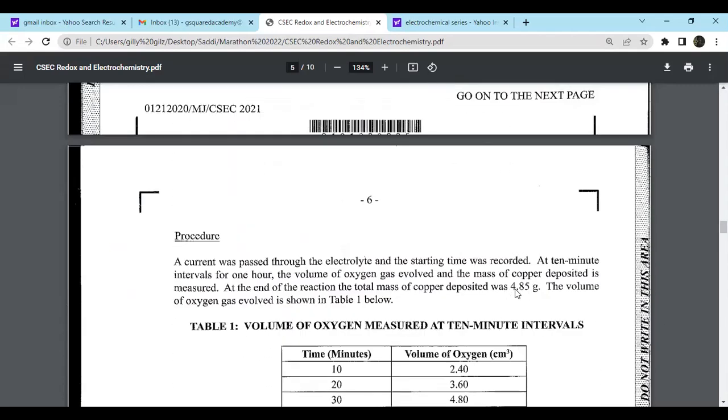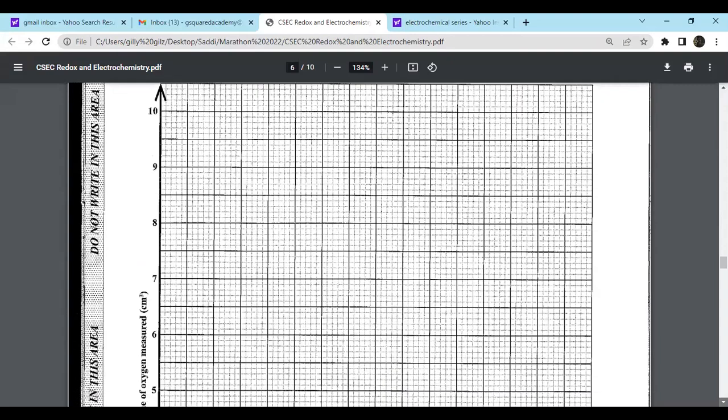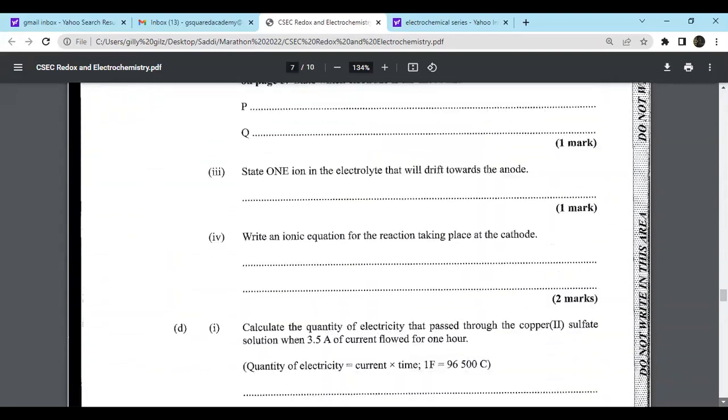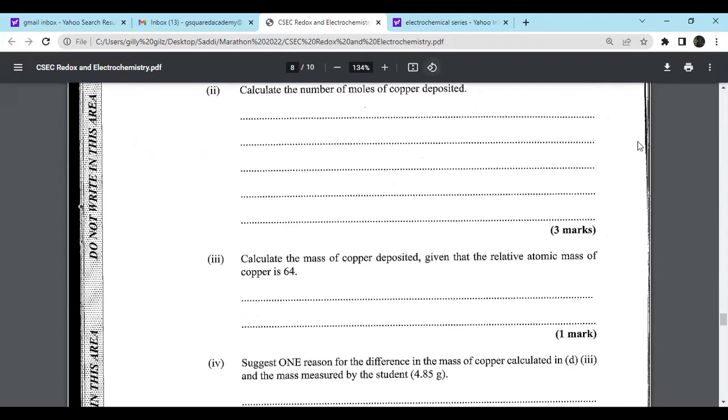Here we go. 4.85 grams of copper. That is the amount of copper that was deposited. So I'll go all the way back down here now to calculate the moles of copper.